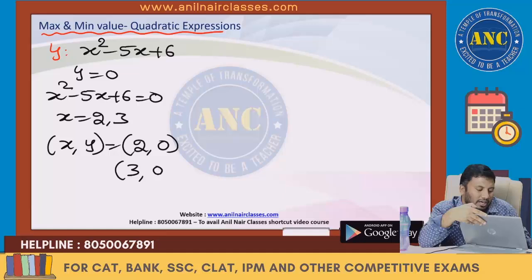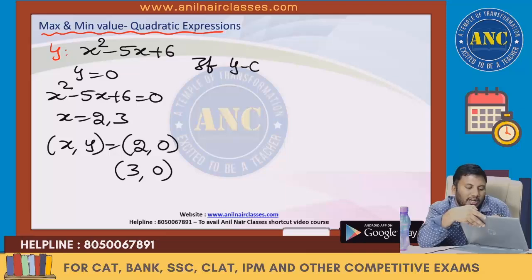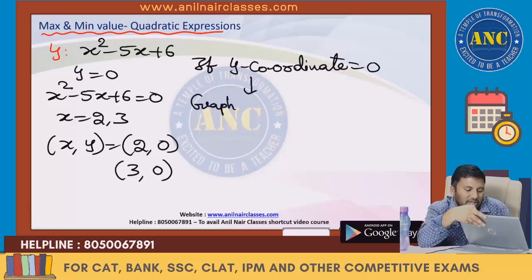At x equal to 3, y will be 0. If the y coordinate is 0, that means the graph is touching the x-axis.